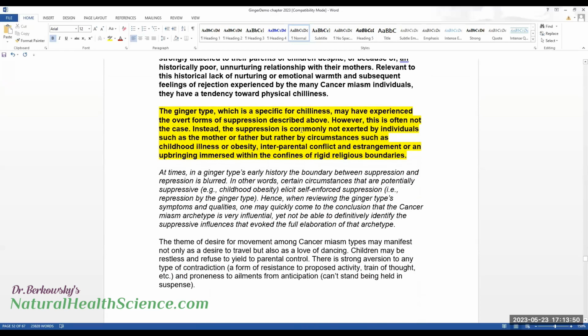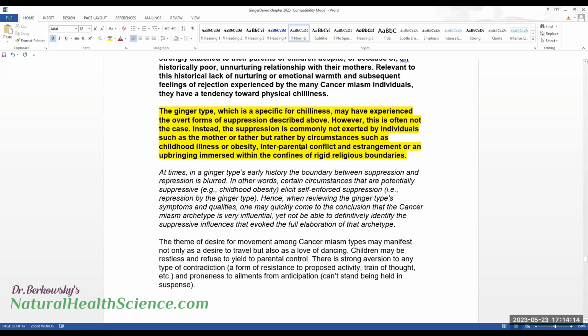Instead, the suppression is commonly not exerted by individuals such as the mother or father, but rather by circumstances, such as childhood illness. In other words, she had polio, and so she had one leg which didn't really develop that well, and she limped. Or as a child, she was overweight, or had acne, or something of that nature. Interparental conflict.